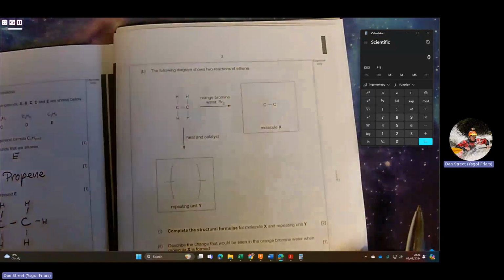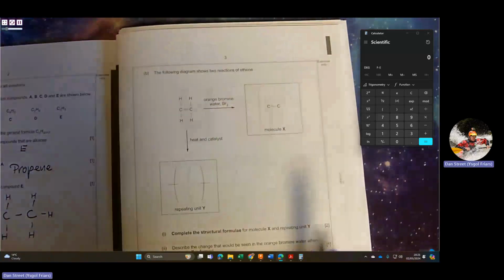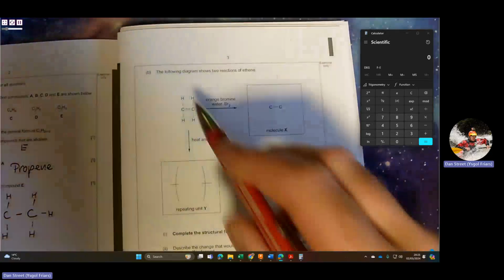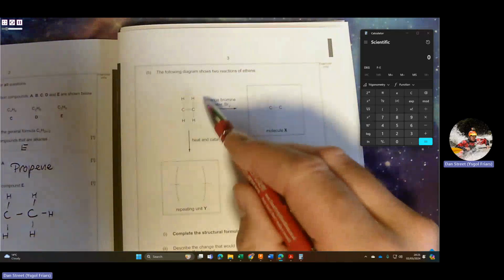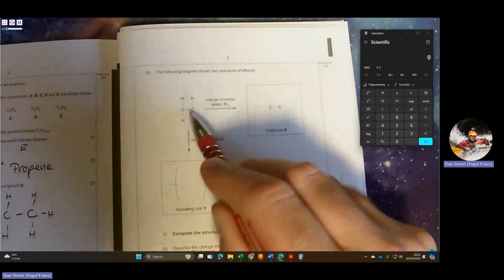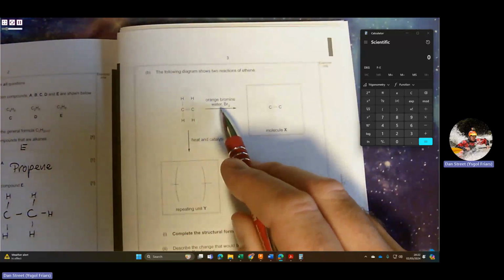Okay, so moving on to this question. This question combines the test for alkenes plus polymerization of alkenes. The following diagram shows 2 reactions of ethene. So this here is the ethene because it's got 2 carbons and a double bond. The test for ethene, or test for any alkene, is the addition of bromine water.